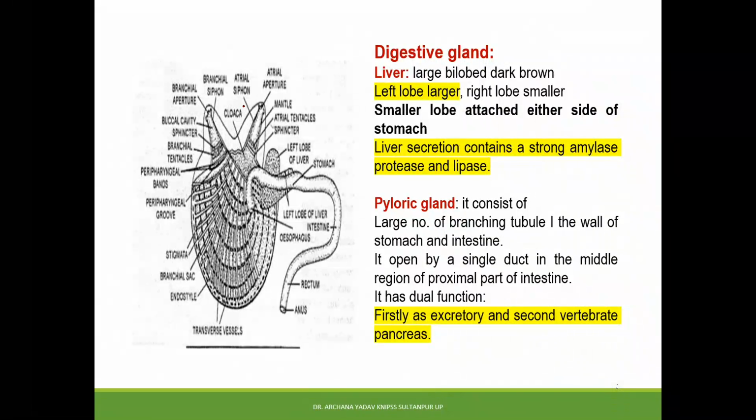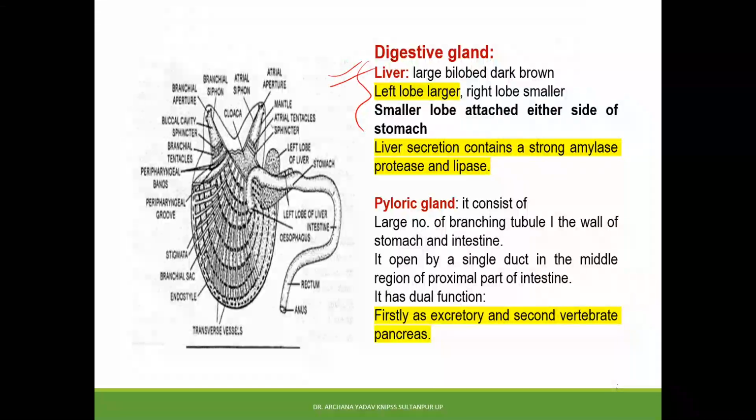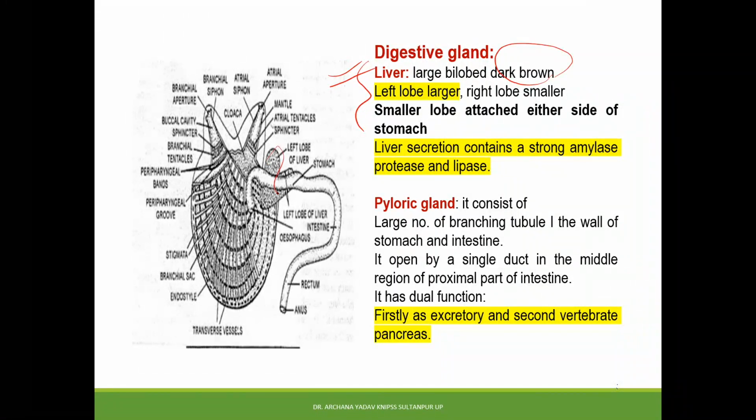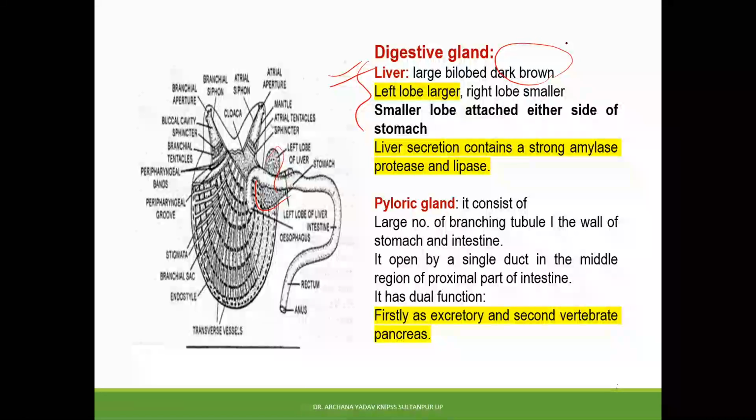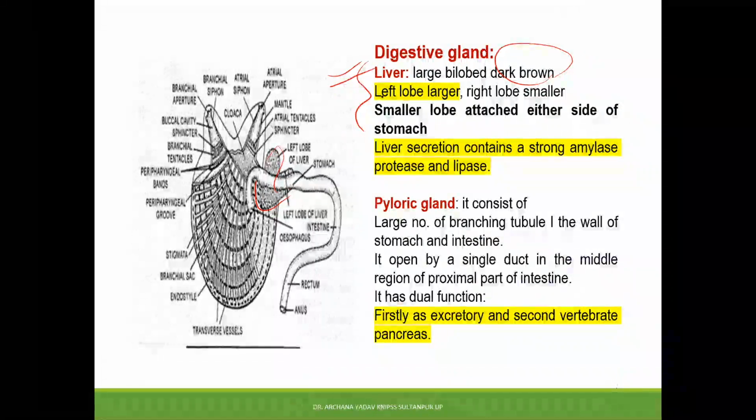Next is the digestive gland. The liver acts as a digestive gland. They are brown in color. In this diagram the color is not shown, but its color is brown, the left lobe is larger, and the right lobe is smaller in size.